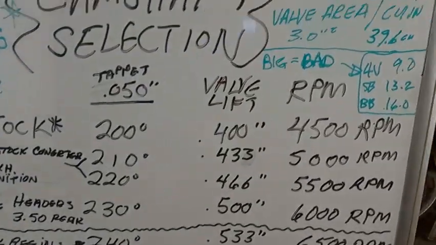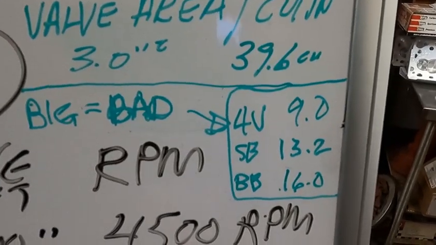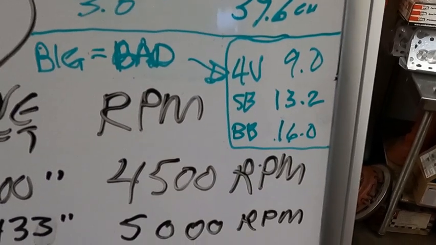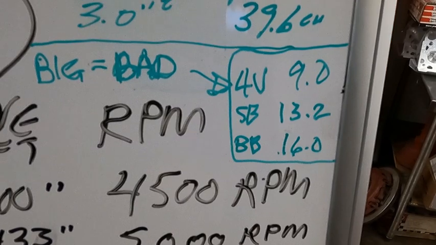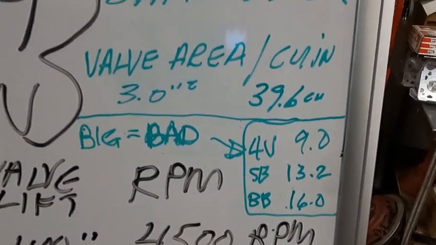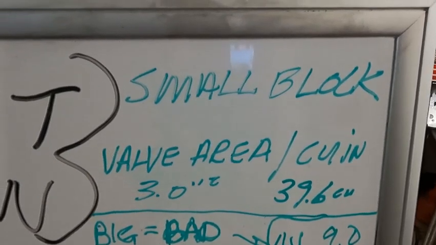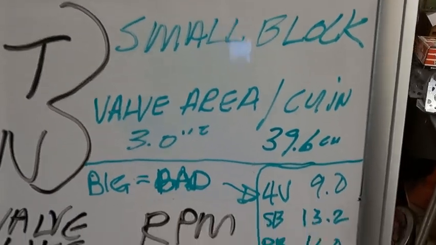So going back up here real quick, I just want to review this. And this may help. Let's just say you're working on something different. If you have a big block or something like that, remember this valve area per cubic inch. This is one of the main dictators to our duration format.